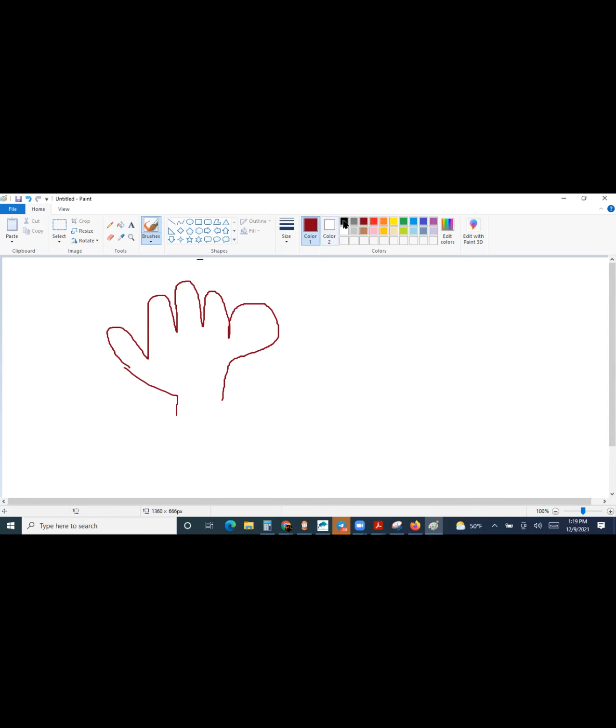I'll call this finger 1, 2, 3, 4, and 5. Right? If your palm isn't irregular, finger 3 should be the longest, right?